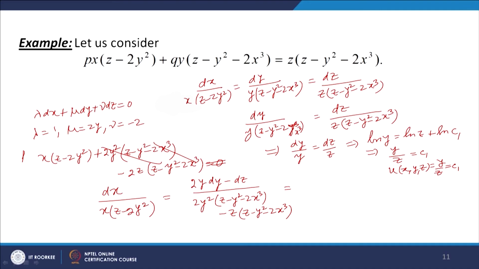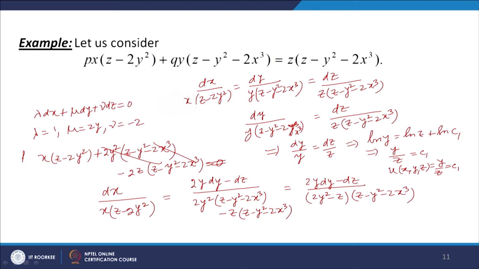So, this is 2y dy minus dz divided by 2y, z minus y square, 2y square. So, 2y square minus z, and what I will get, z minus y square minus 2x cube.